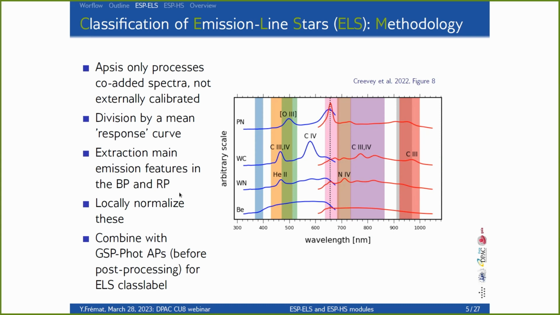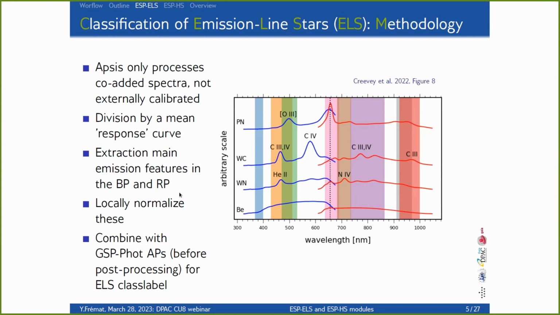And that's what we try to compensate for by directly using the GSP-FOT astrophysical parameters. So during the training of the algorithms, we not only use these BPRP emission features, we also use the astrophysical parameters provided by GSP-FOT.